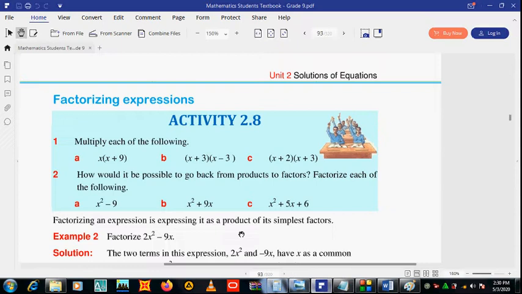Now, in activity 2.8, we did x plus 3 and x minus 3. The same goes for c, x plus 2, x plus 3, it is easy.